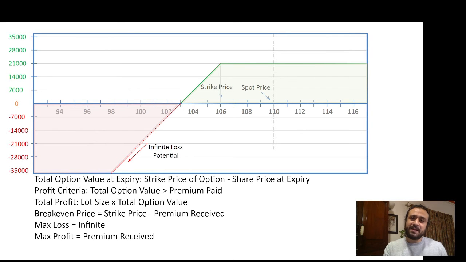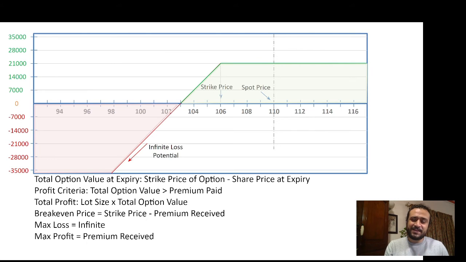Now let us look at the same scenario from a put option seller's perspective. As you can see, this is nothing but the put buyer's chart flipped horizontally, correct? So if you flip the chart horizontally, that's how it will look for the option seller, right? So as we can see, the option seller has a limited profit potential, and that is equal to the premium that he or she receives, and the loss potential is infinite.